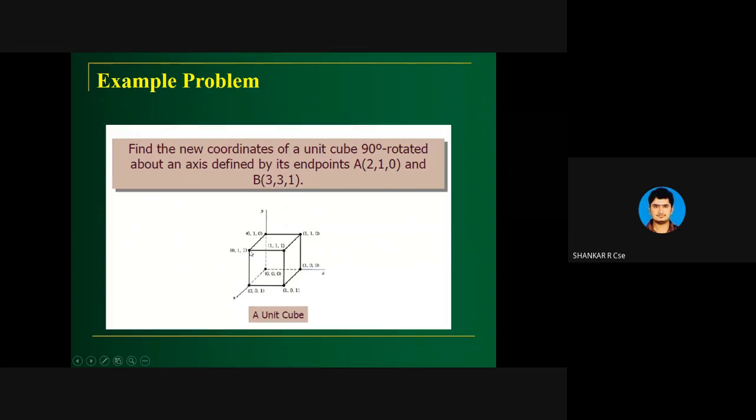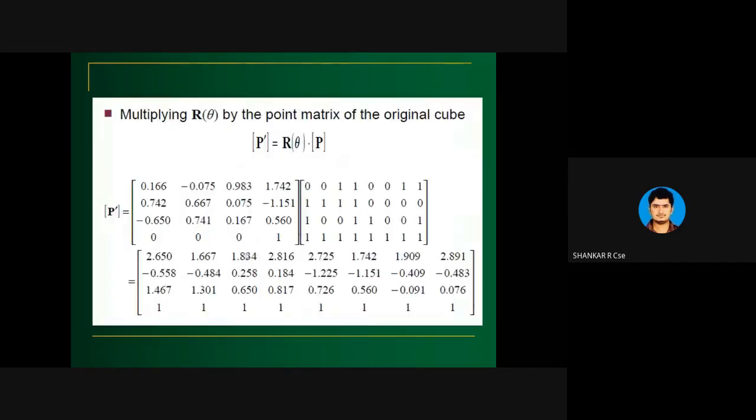If you rotate this cube by 90 degrees anti-clockwise, where will 0 1 1 now come to? That is the question. The answer is 2.650, minus 0.558, 1.467. Okay, let us take the last column, that is 101.